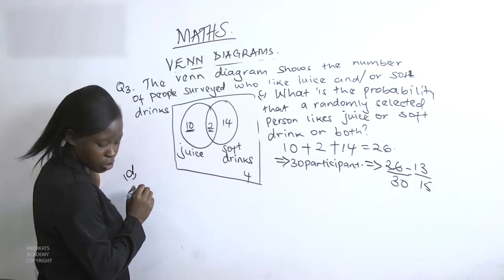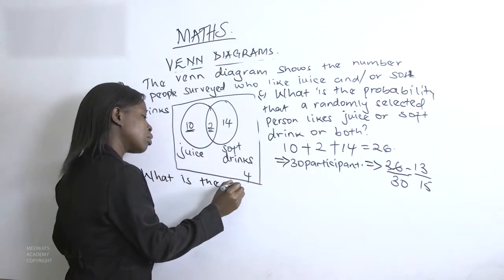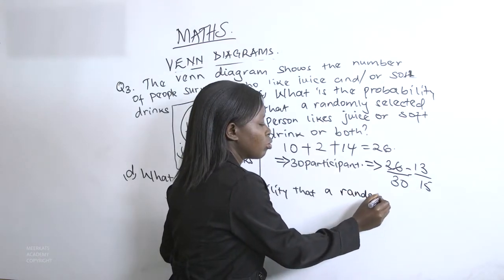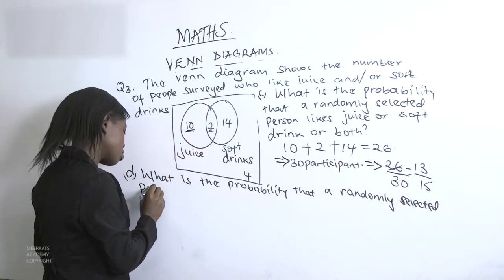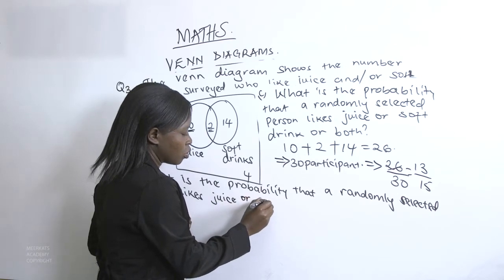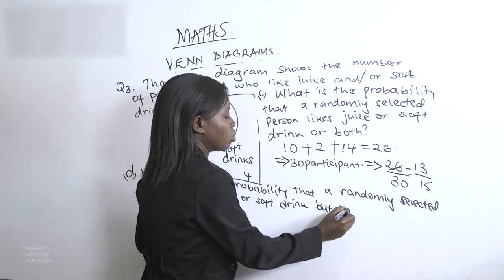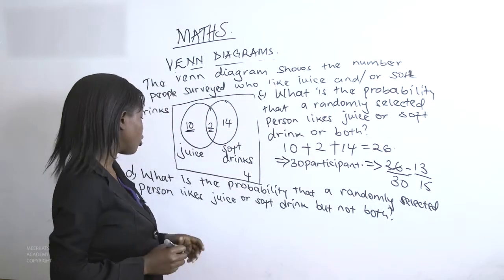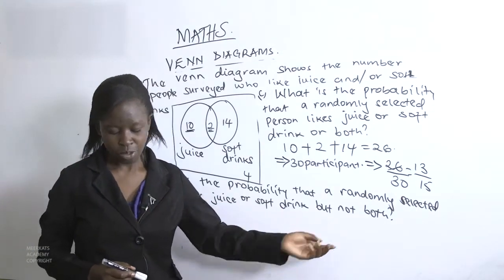Part D of that given question asks us to find the probability that a person selected randomly from this group will like either juice or soft drink, but not both of them.